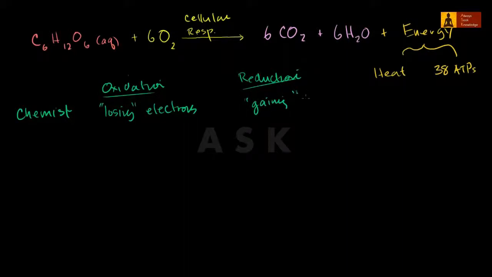And if you have trouble remembering, oxidation is losing, that's the mnemonic: oxidation is losing electrons, and reduction is gaining, or OIL RIG. This is what you learn in chemistry class.